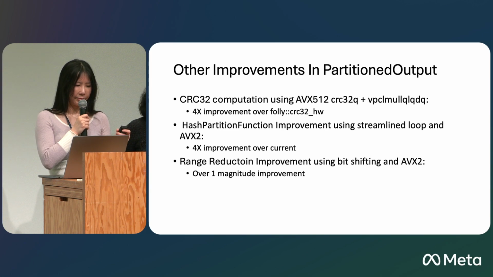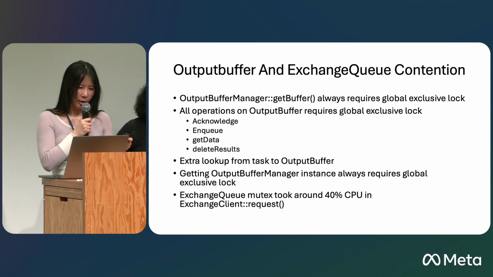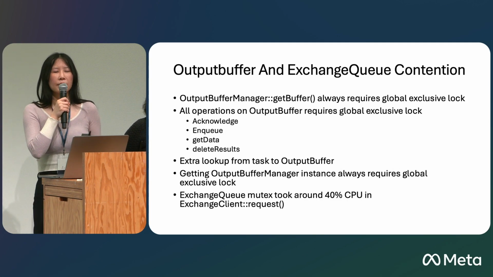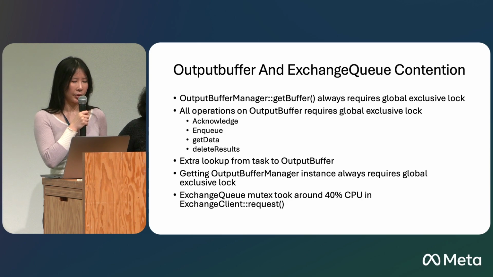And hash partition function improvements: we have 4 times improvement with a streamlined loop and AVX2. And also range reduction improvement, which is improved by at least over one order of magnitude. All right, so those are the efforts to reduce the CPU times.